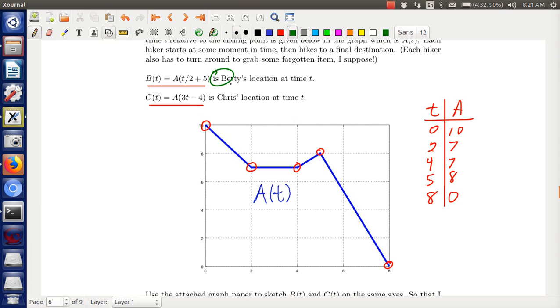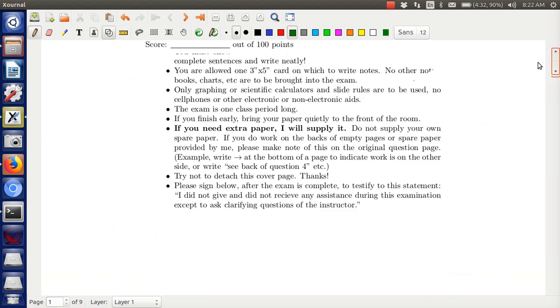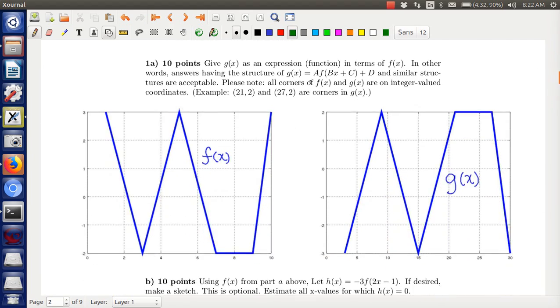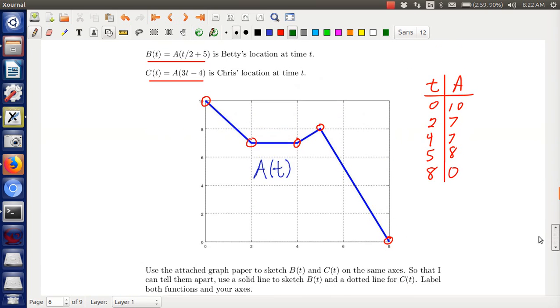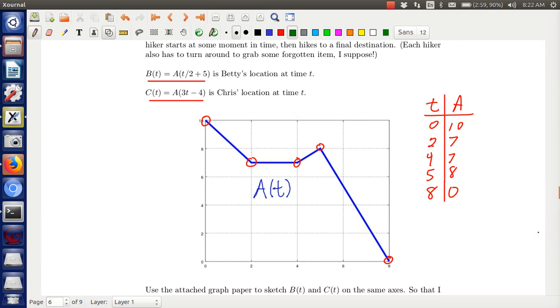Please note there's no plus d here. There's no multiplier here. So if you go back to the formula from question A, it's the same thing except A is 1 and D is 0. So we don't have to worry about this kind of stretching or any kind of shifting in that direction. Those are irrelevant. We are only focusing on this particular axis, the inputs.